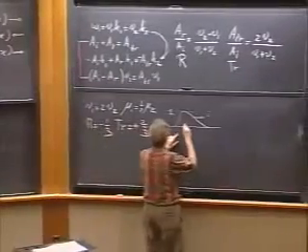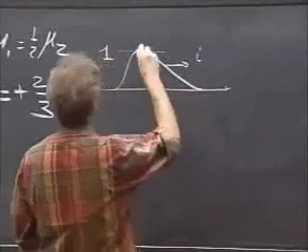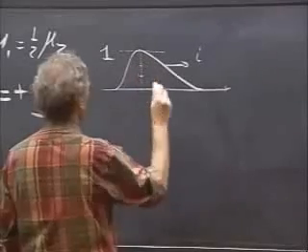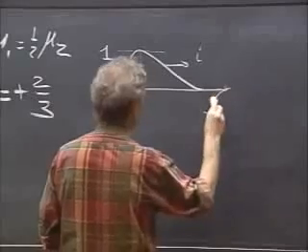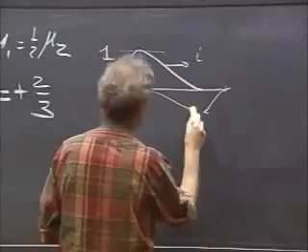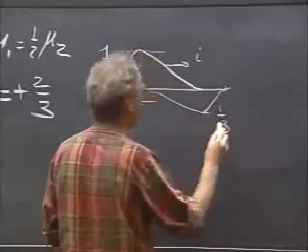So suppose the returning one were here, then you would see the returning one with only 1/3 of its amplitude. So that's about here. So you would see something like this. And it would be moving in this direction. And this amplitude is 1/3.